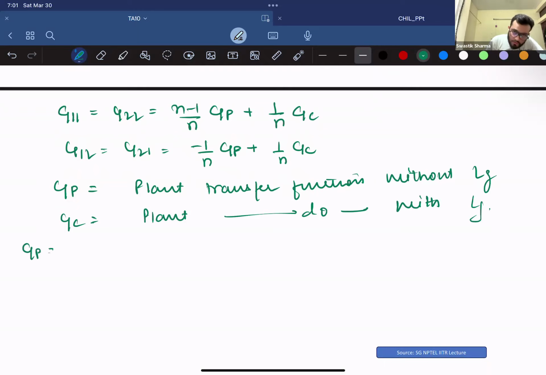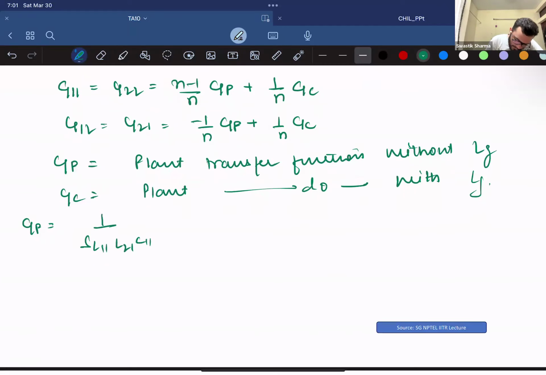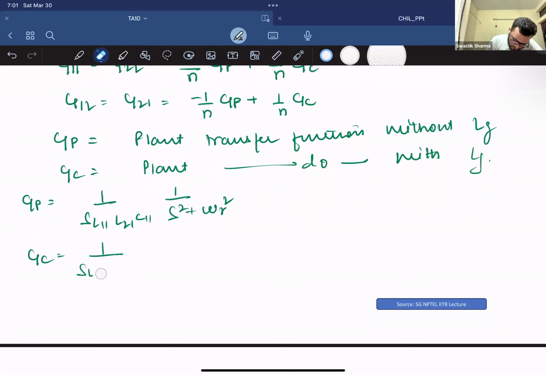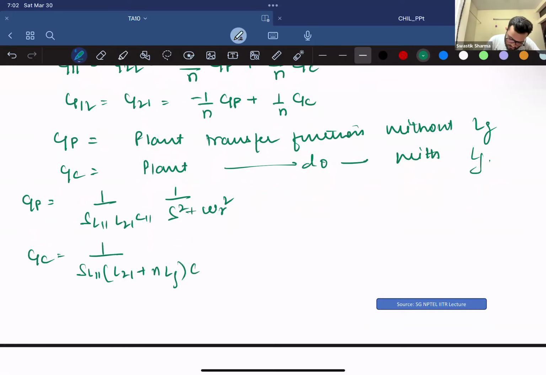And your Gp came out to be 1 upon S L11, L21, C11, 1 upon S square plus omega R square, and your Gc was 1 upon S L11 plus Lg C11 plus omega R square, right?